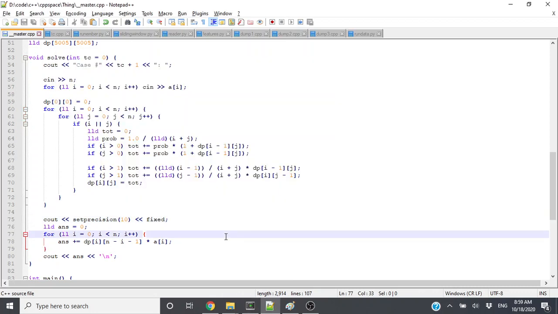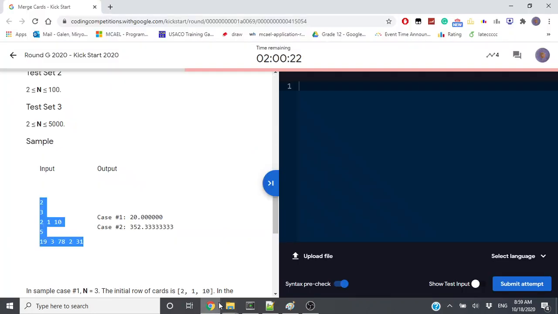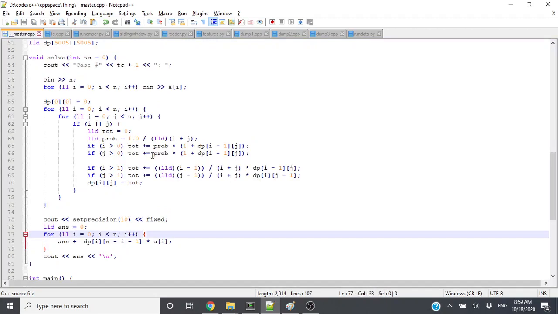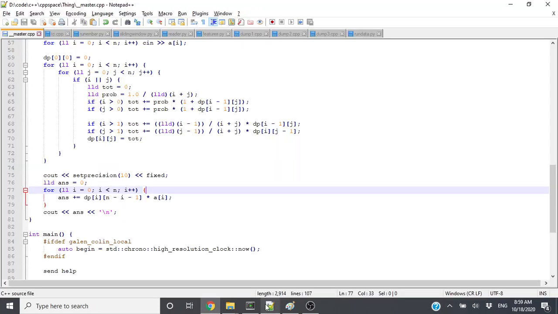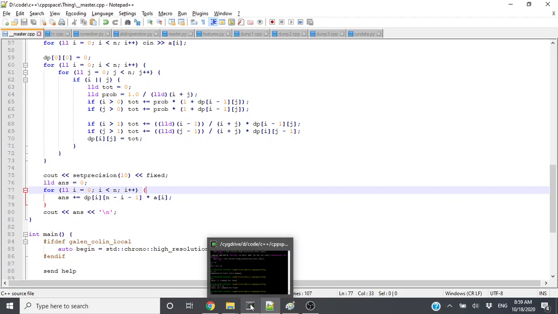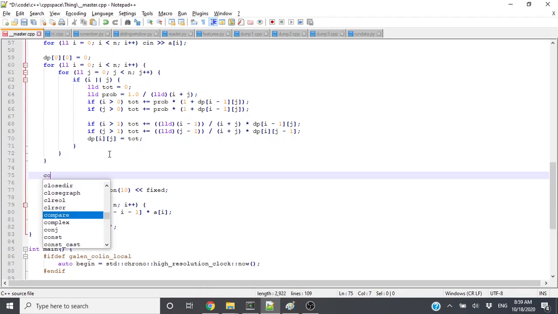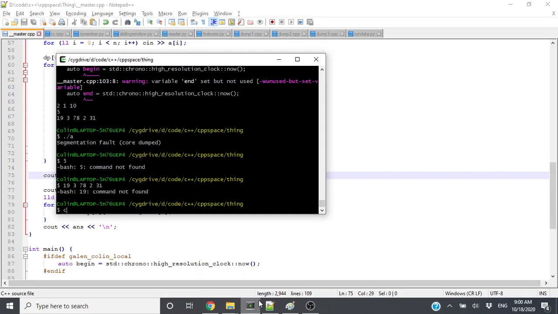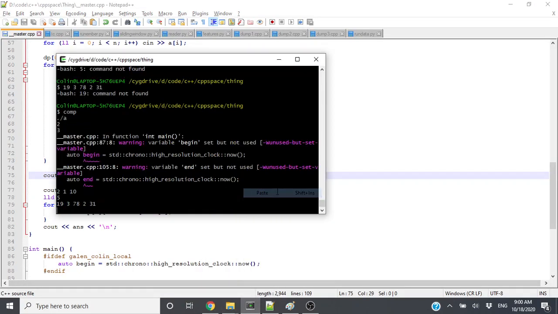Seg fault. Cool. Why? What's happening here? I guess we're not finishing under an hour. That's sad. But we can still do some stuff, right? What's happening? Do we get to this point, or do we die in the middle of the DP loop?